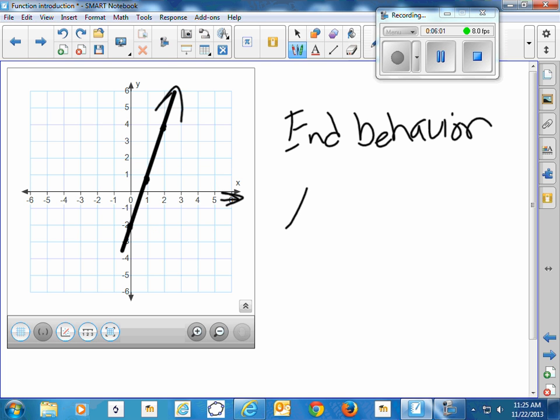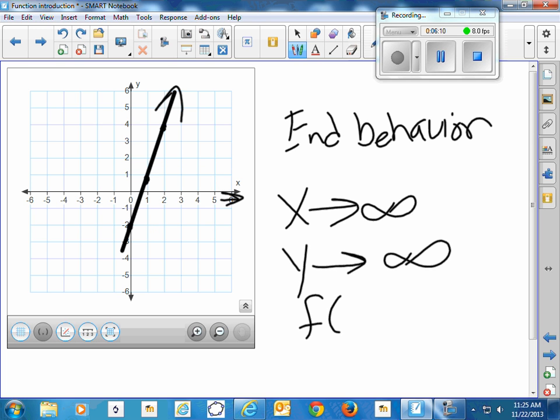So we say that as x approaches infinity, y also approaches infinity, or the function of x approaches infinity also. We don't draw the whole thing, but we can say what that line would do if it continued on. That's what we call the end behavior.